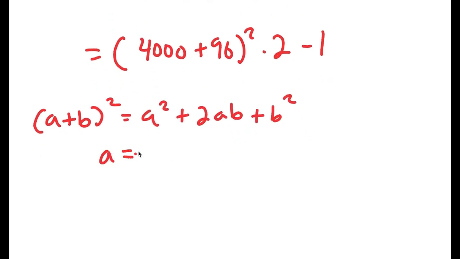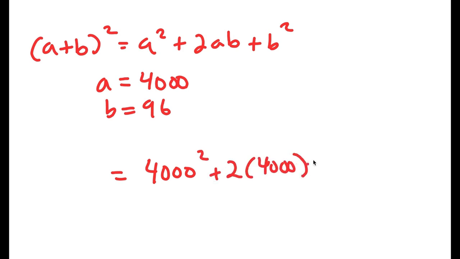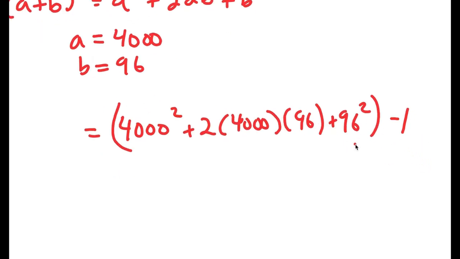So in this case, a is 4000 and b is 96. So this turns into 4000 squared plus 2 times 4000 times 96 plus 96 squared. And I have all of this, oh sorry, all of this times 2 minus 1.